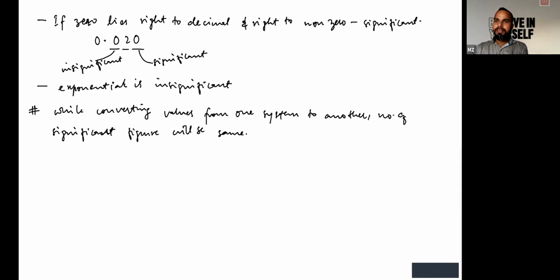I'm giving you some examples, try to solve them. Find the number of significant figures.